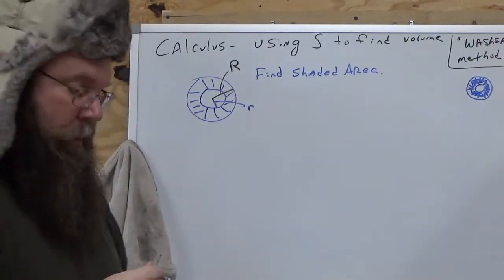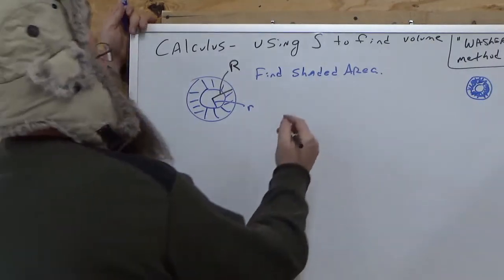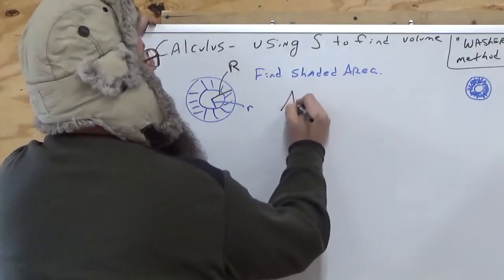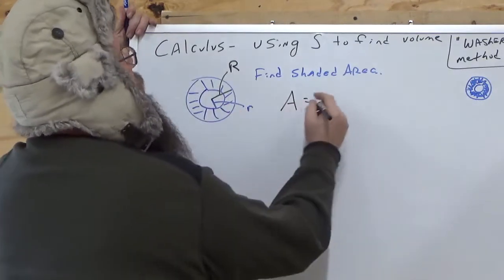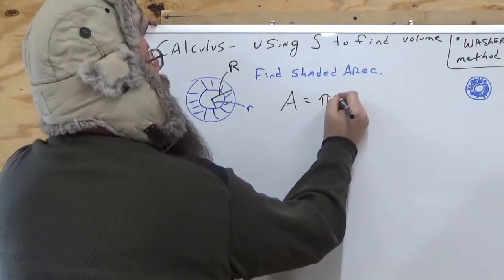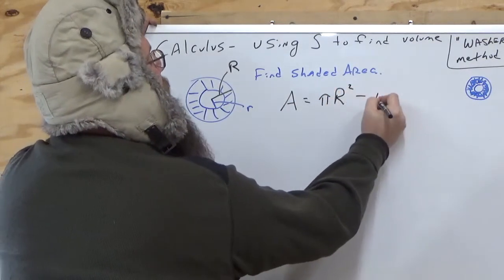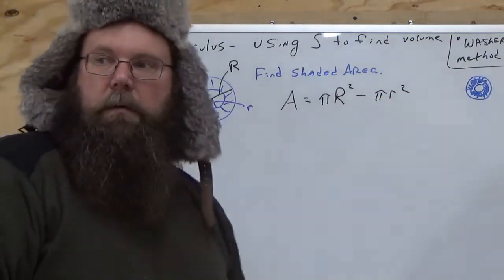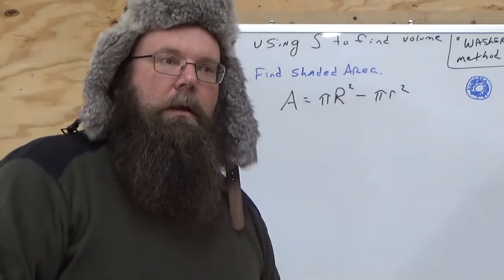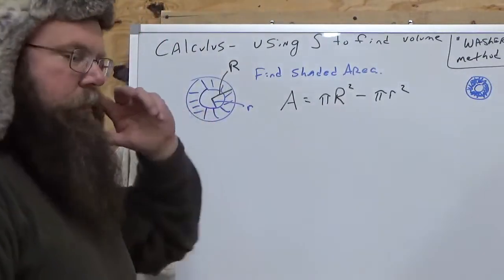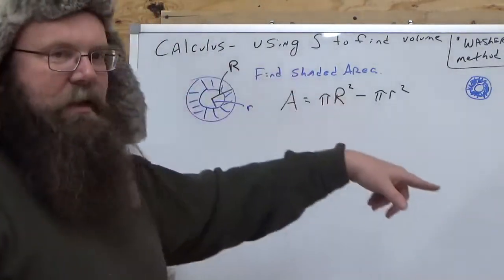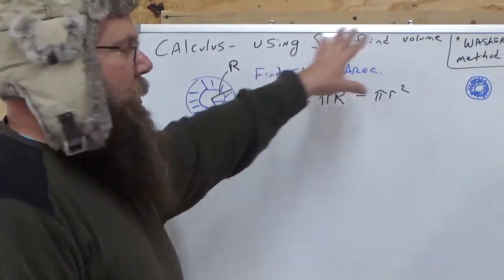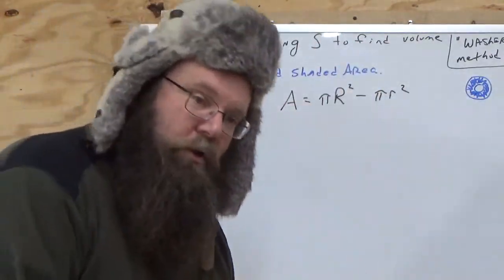Then the area of that shaded region is pi R squared minus pi r squared. That's what you would do. So we've already done that problem. Well, that problem is the basis for this calculus method called the washer method to calculate volume.